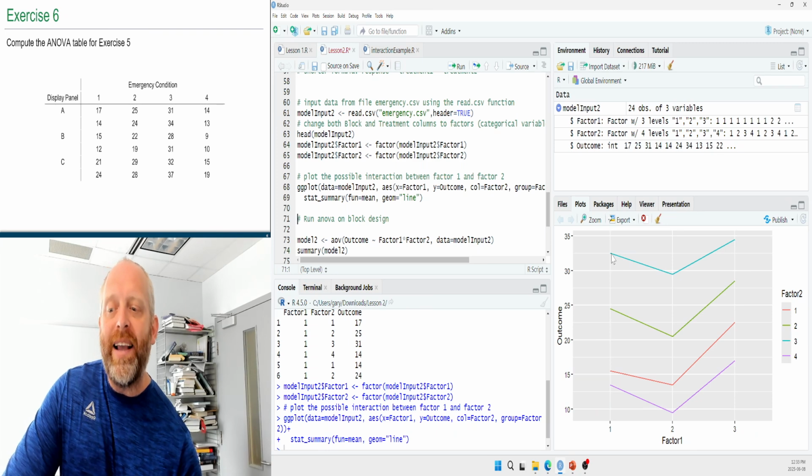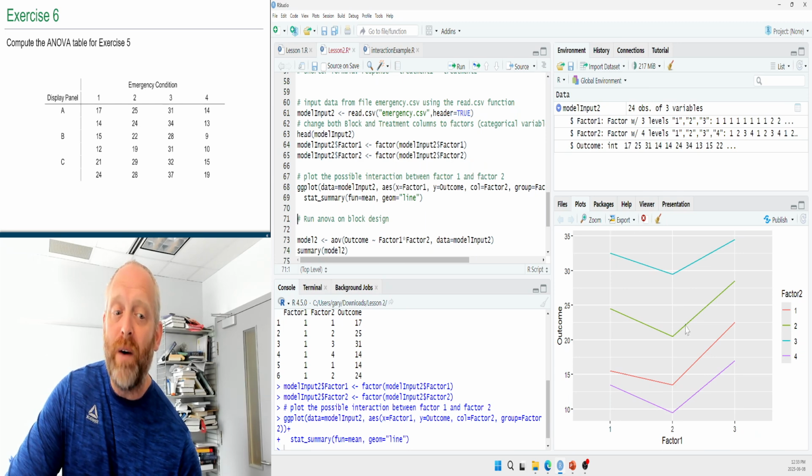Well, if each of these lines look fairly parallel, as they do here, this would imply that when I transition from factor 1 to factor 2, it doesn't matter which level I'm on, they're all going to behave in exactly the same way. It doesn't matter which level of factor 2 I'm on, I'm always going to see a decrease, regardless of what level of factor 2 I'm on.